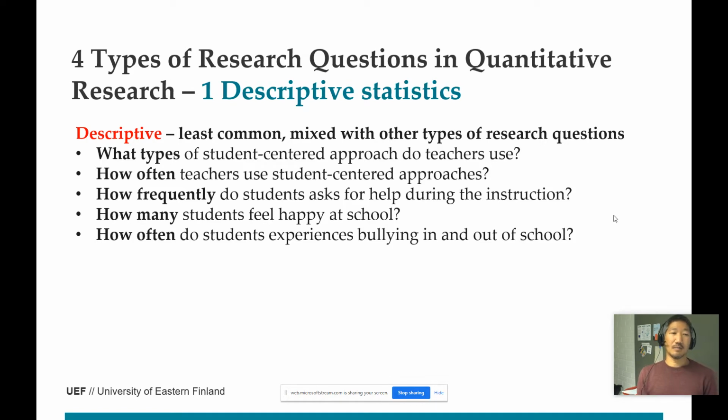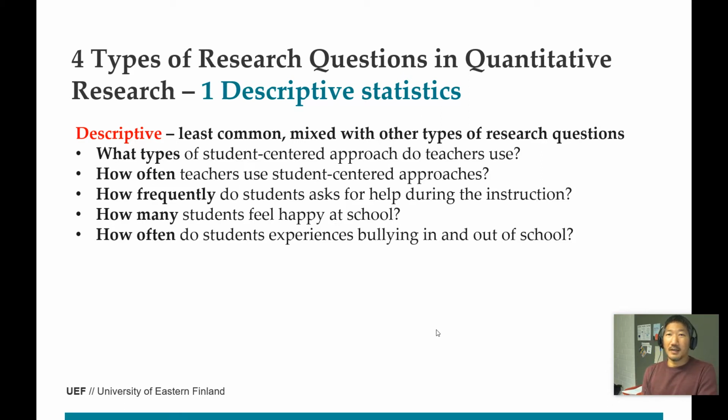Other examples can be how many students feel happy at school, or how often students experience bullying in and out of the school environment. In this kind of question, students' well-being at school is measured, and I think this topic is more important these days.